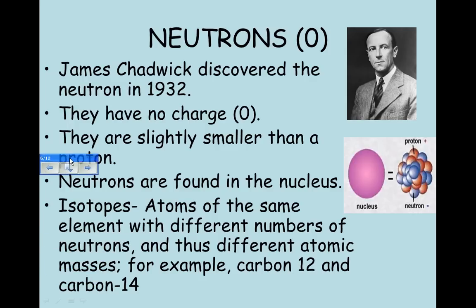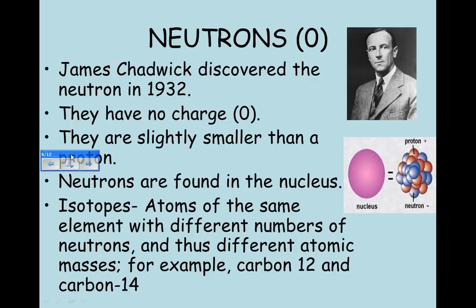We learned yesterday that different elements cannot have the same number of protons. But atoms of the same element can vary in their numbers of neutrons, and they're called isotopes. Examples, carbon-12 and carbon-14. Carbon-14 has 2 more neutrons than carbon-12. Hence, 12 and 14. Right?